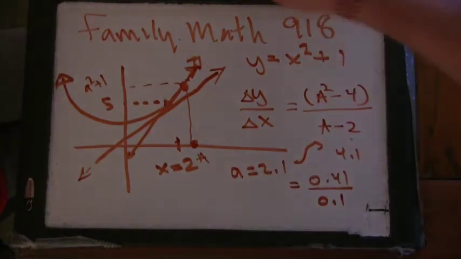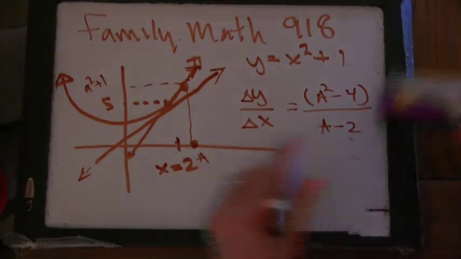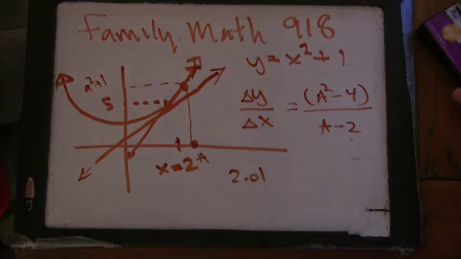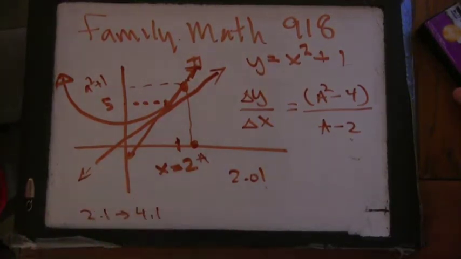Okay, so here I get the slope is about 4.1. Okay, what if I pick 2.01? So for 2.1, I get 4.1.